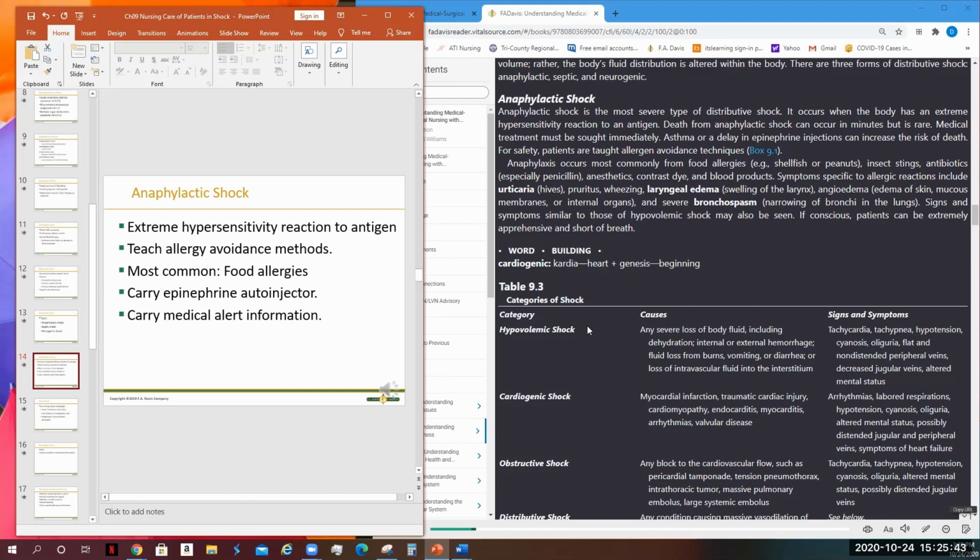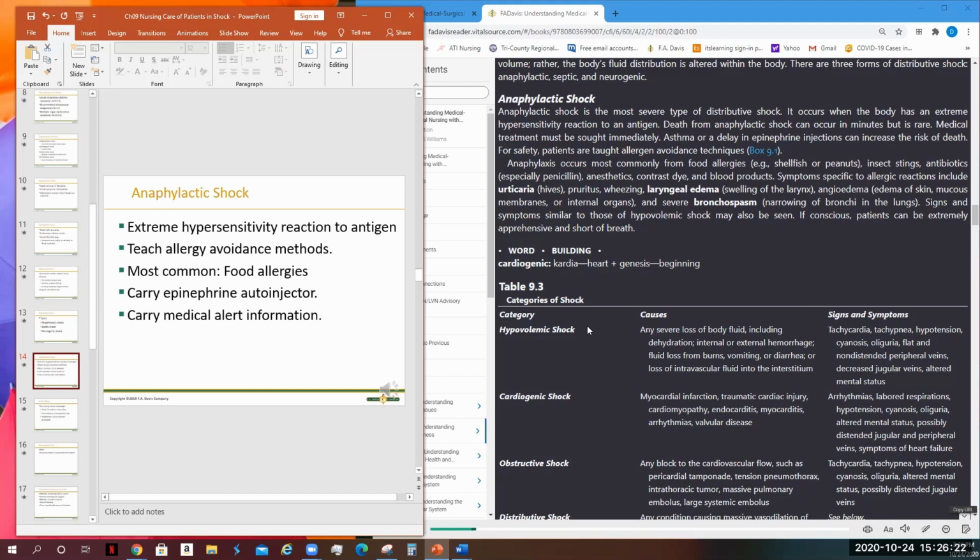Anaphylaxis occurs most commonly from food allergies, such as shellfish or peanuts, insect stings, antibiotics, especially penicillin, anesthetics, contrast dye, and blood products. Symptoms specific to allergic reactions include urticaria, which is hives, pruritus, which is itching, wheezing, laryngeal edema, which is swelling of the larynx, angioedema, and severe bronchospasm, which is narrowing of the bronchi in the lungs.